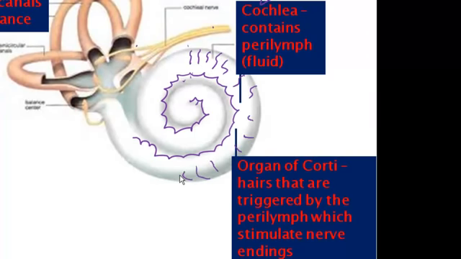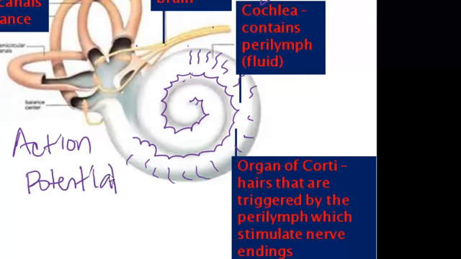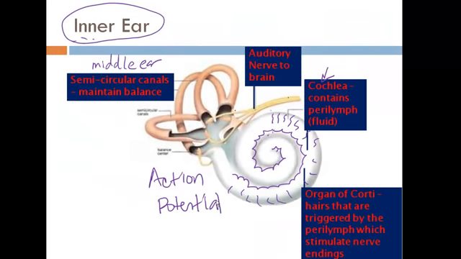And once those little hairs are triggered, just like our rods and cones in our eye, it starts an action potential. The sodium gates open up and sodium rushes in, etc., etc. And so that action potential is then propagated along the auditory nerve, where then it will go to the temporal lobe in the brain for interpretation.